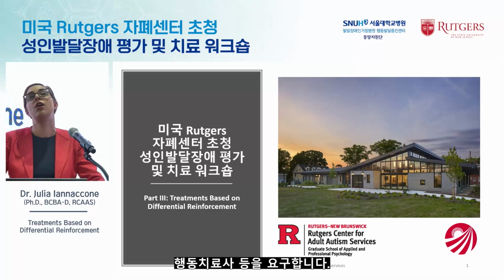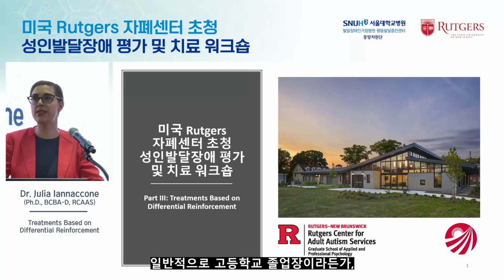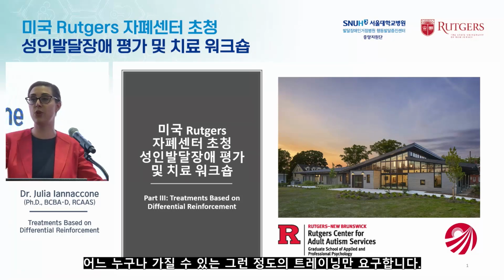And with adult services, though, the state only requires, typically, and it depends on the state again, just a high school diploma and some state mandated trainings that anybody can complete. So the qualification for staff is vastly different as well.